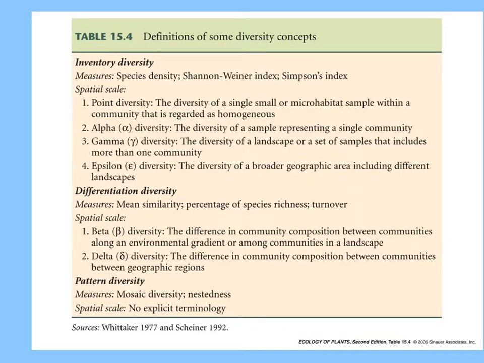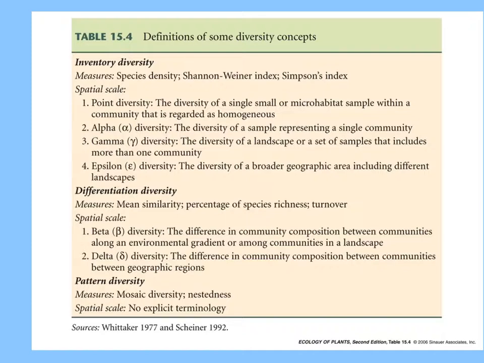So in ecology, I know you learned about different kinds of diversity, and remember that species richness is just the number of species present, but included in diversity is also a measure of evenness, and sometimes that's indicated by density, and there are different measures of diversity, Shannon-Wiener and Simpson's index.